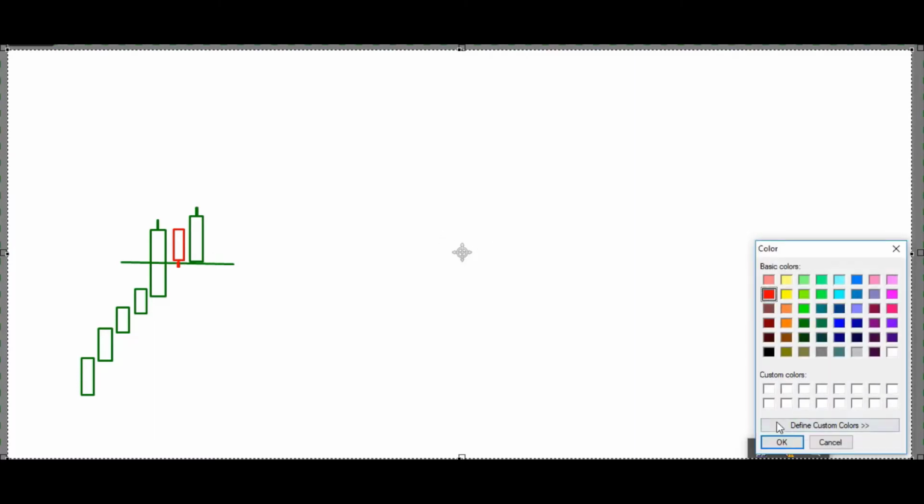So the same thing in a downtrend. The market is strongly falling down, and suddenly we find this type of candle. 50% of this candle acts as a SNR level.